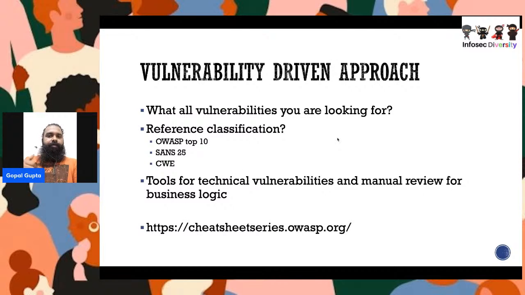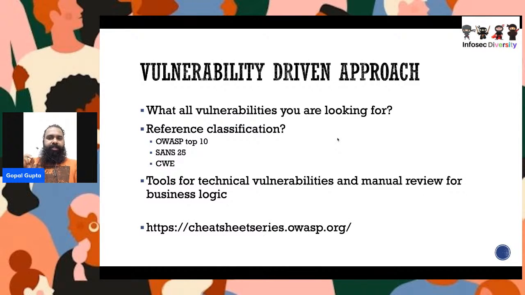Okay, so now this is the third one, and most of the time we use this third approach. If you look at any organization, most of the time they adopt this vulnerability driven approach. Why so?